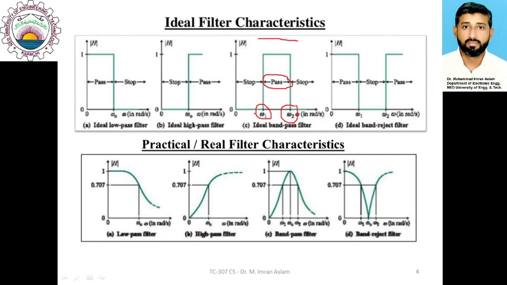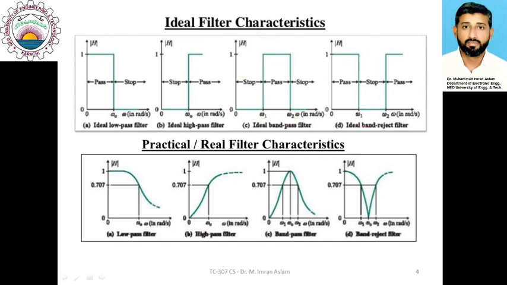Typically we say that omega 1 is the lower cutoff and omega 2 is the upper cutoff. This filter allows all the frequencies between the lower and upper cutoffs to pass through, and all the frequencies below omega 1 and all the frequencies above omega 2 will be stopped by the filter.